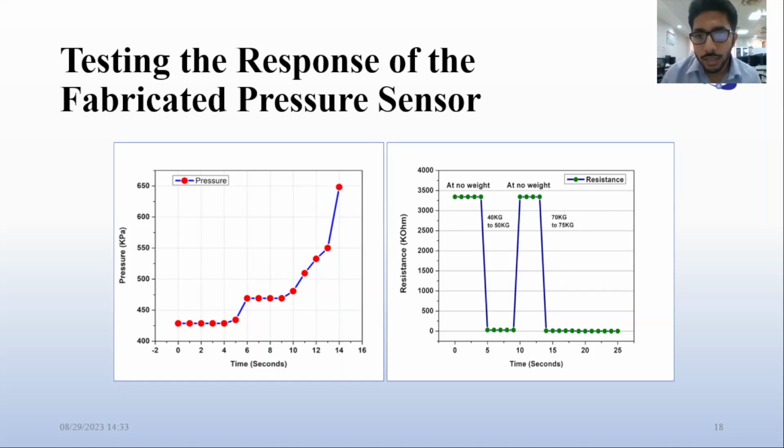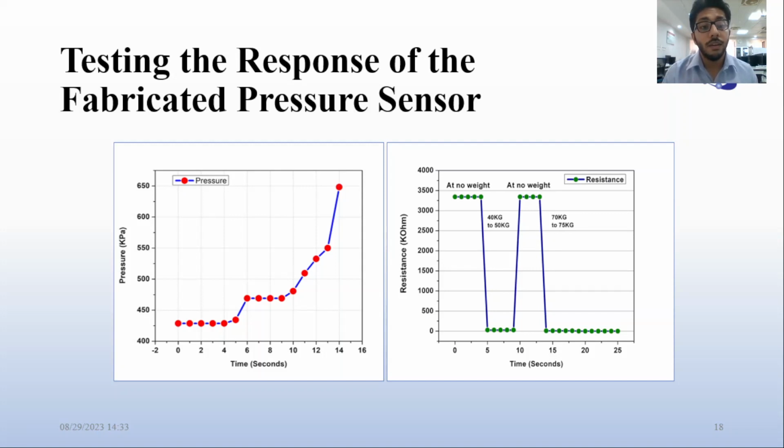So we tested it with a weight scale, and we came to know that at no weight its resistance is highest, and at the weight of about 40 kg to 50 kg, it gradually decreases. Then after putting more weight on it, it becomes approximately 8 or nearly approaching 0.